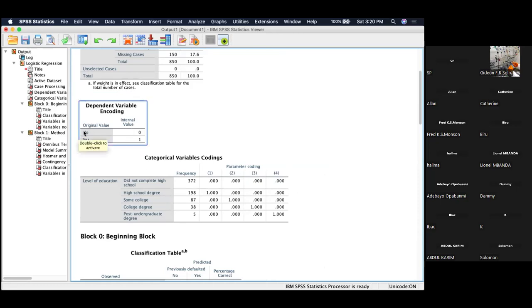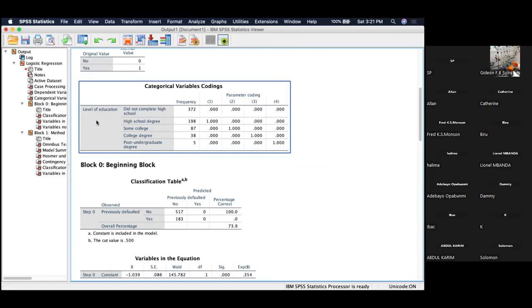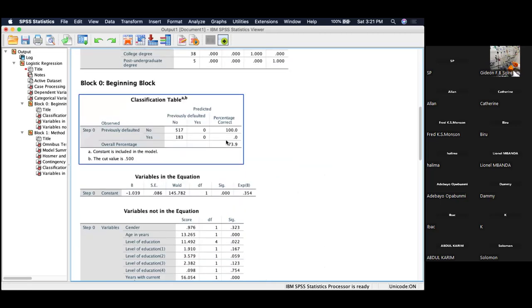So no is for not defaulting on loan payment and yes for doing so. And this is the categorical variable. The categorical variable in our model is level of education, which is captured at 4 levels, 1, 2, 3, 4. This is just telling us how the data has been captured.